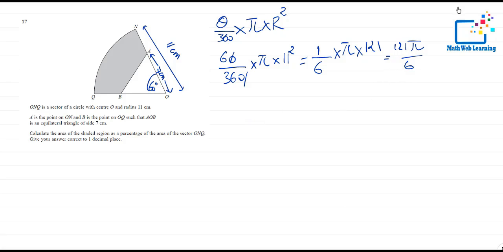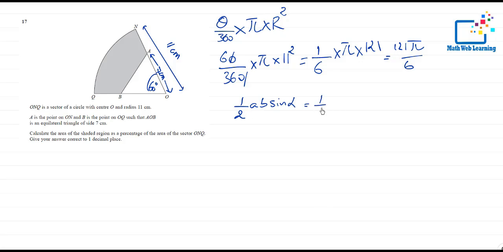Now I need to go and find the area of the triangle, because I need to deduct that from the sector. So let's do that. We're going to use the formula half AB sine alpha, where alpha is my angle, 60 degrees, A is the side of the equilateral triangle, 7 centimeters, and B is the same thing, 7.